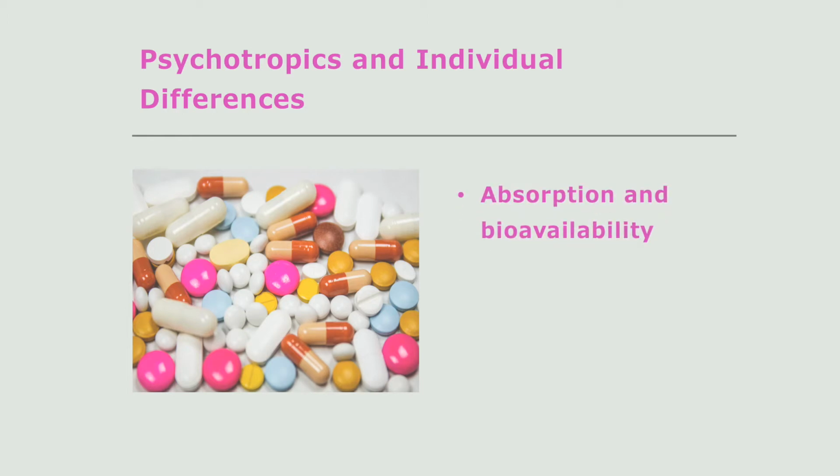Absorption and bioavailability. Drug absorption depends highly on the absorption site characteristics and the drug's physicochemical properties. Individual characteristics such as ambient pH, surface areas, local blood flows, and muscular functions and integrity could affect drug absorption.